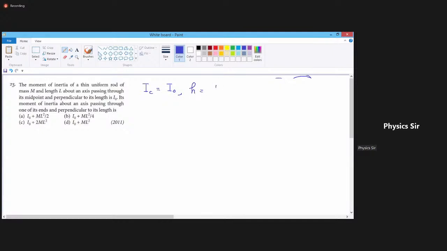So this distance will be L by 2. So students, what we know is the moment of inertia about any point is the moment of inertia about the center plus the product of mass and the square of the perpendicular distance. So this I will be IC. What is IC? It is I naught, M is M, H square means L square by 4. So this will be I naught plus ML square by 4.